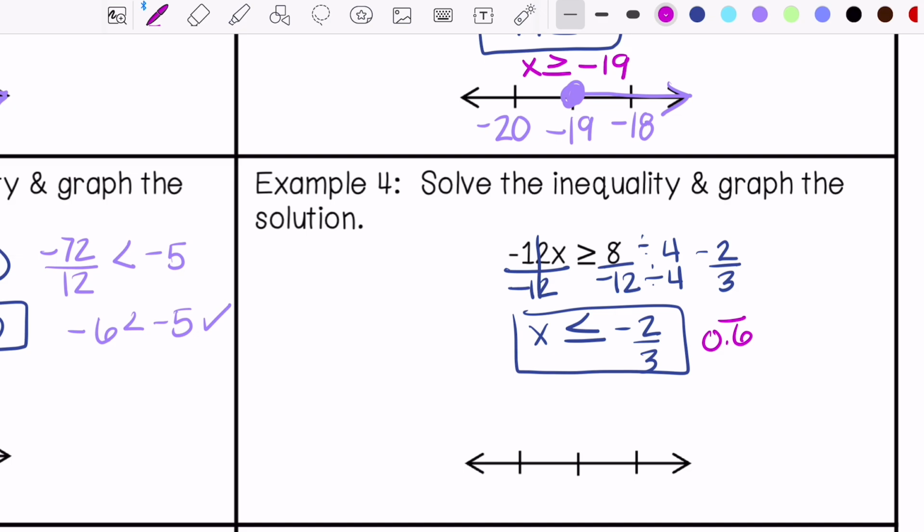I am going to pick a number that is less than negative 2/3. Let's do negative 1. So negative 12 times negative 1, is that greater than or equal to 8? It's positive 12, which is greater than or equal to 8. That is correct. So this is a closed circle.